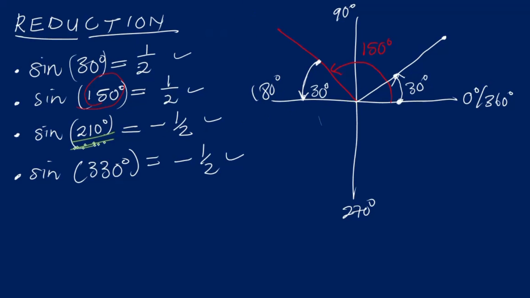Where is a 210 terminal? A 210 terminal, we know it's definitely above 180, but it's less than 270. So a terminal of 210, it's somewhere in here. What are we saying? We are saying when you measure from 0 degrees all the way up until there, that thing definitely gives you how much? 210 degrees, right?